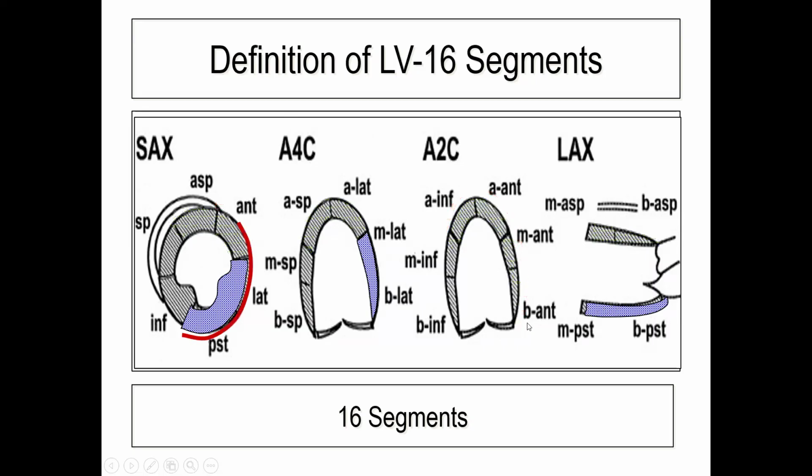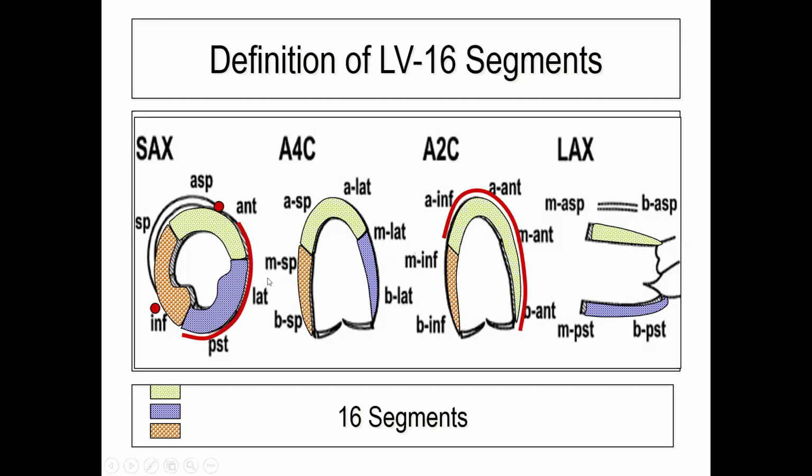If I move further, my mid and basal lateral wall, mid and basal posterior wall, as in short axis view, is supplied by circumflex. And last is the right coronary artery, mid and basal septum and mid and basal inferior wall. It is supplied by RCA.